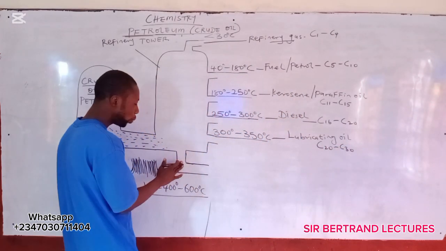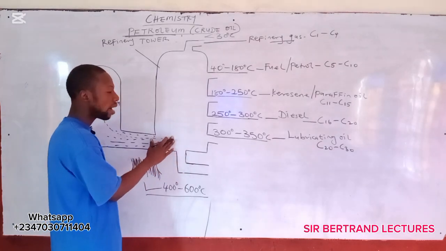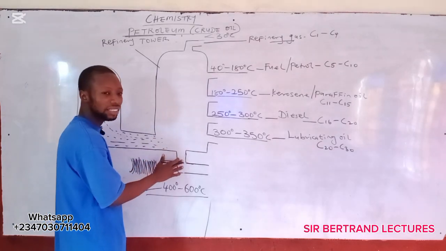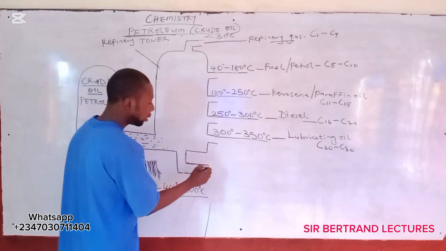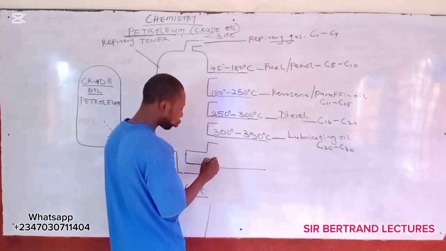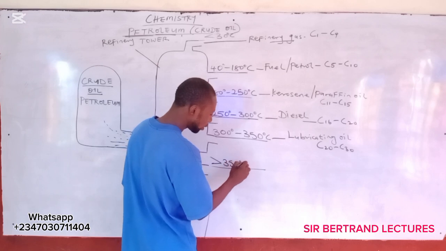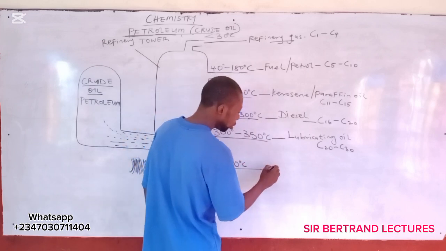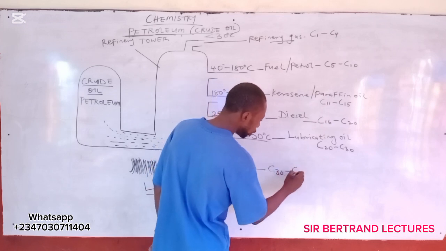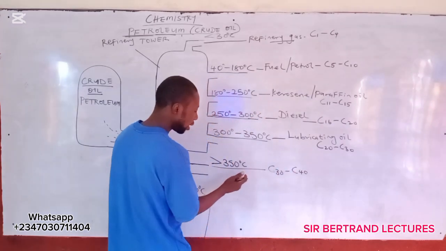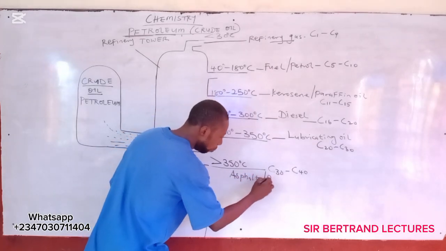Then the last is the one that remains at the bottom of the refinery tower. This is the residue, and it is the heaviest component of petroleum. It is refined at a temperature greater than 350 degrees Celsius and contains carbon chains of 30 to 40, and that is asphalt or bitumen.